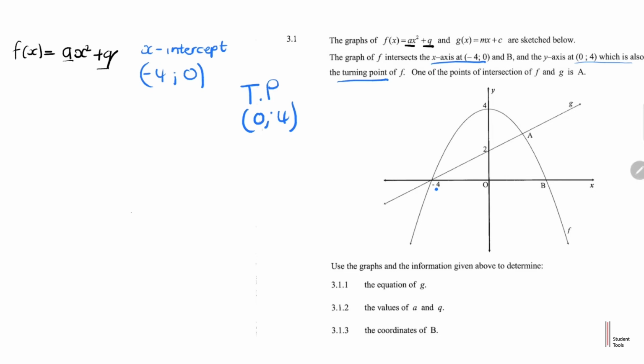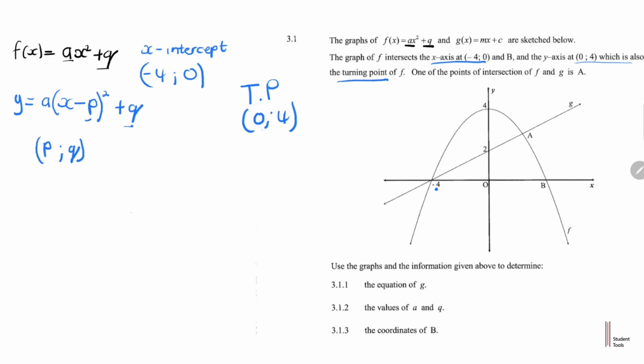The formula that we use when we have a turning point is y equal to a multiplied by x minus p squared plus q. And in this formula, the p and the q are given by the turning point. So p will be given by the x value of the turning point, and then q will be given by the y value of the turning point.